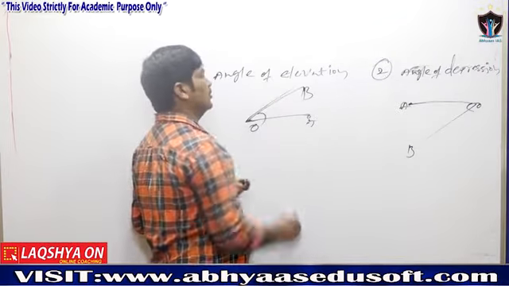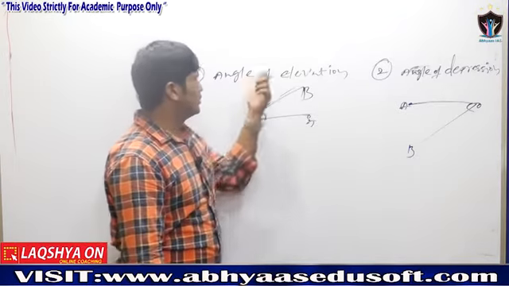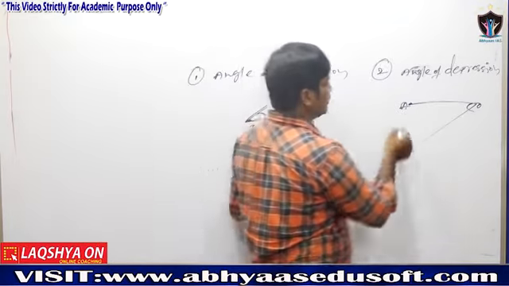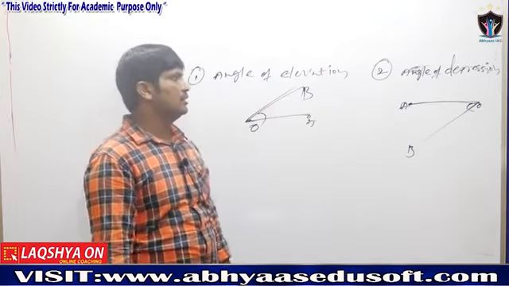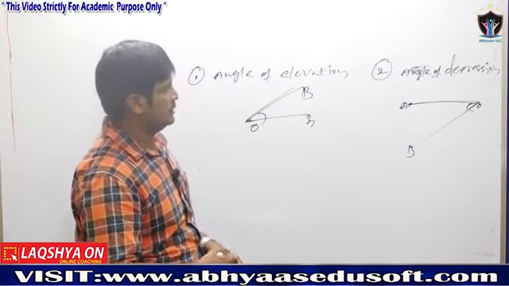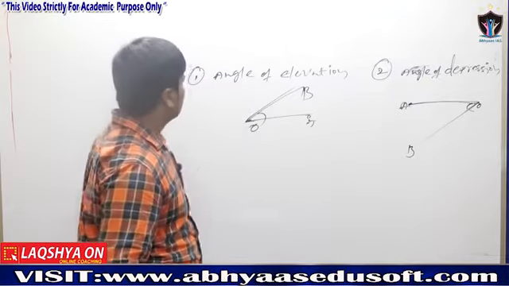When we look up from the level of his eyes, it is called the angle of elevation. When he looks down from the level of his eyes, that is called the angle of depression. These two points we must be familiar with.